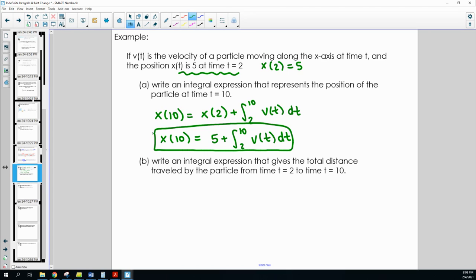And then for part B, write an integral expression that gives the total distance traveled by the particle from time t equals 2 to time t equals 10. So total distance traveled, we're going from 2 to 10. Because it's total distance, we're going to use the absolute value of v of t dt.